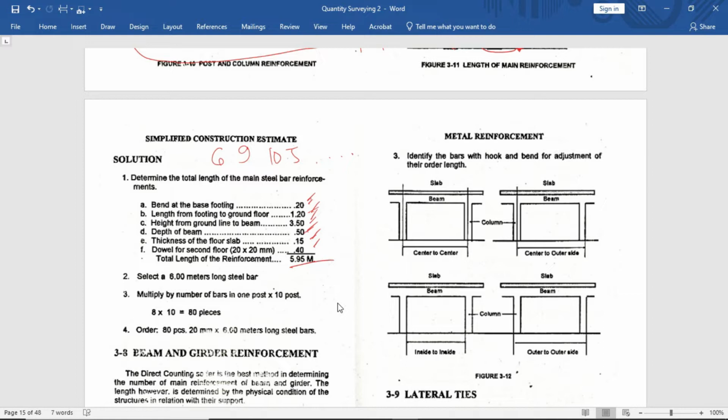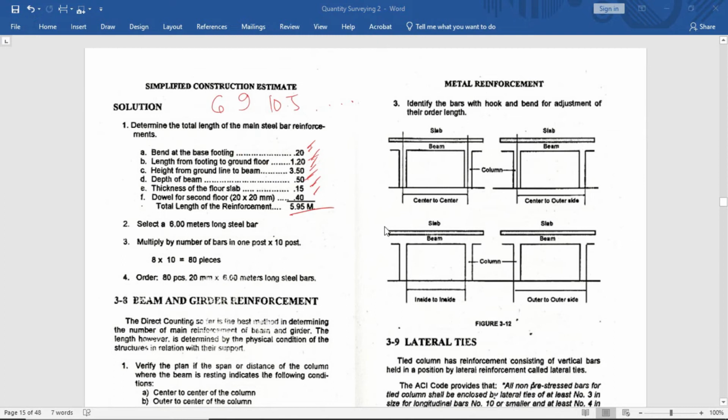Bakit natin pinili yung 6 meters? Kasi ito yung pinakamalapit na available sa market natin. Kasi 5.95 meters, 0.05 meters lang para sa 6 meters, diba?